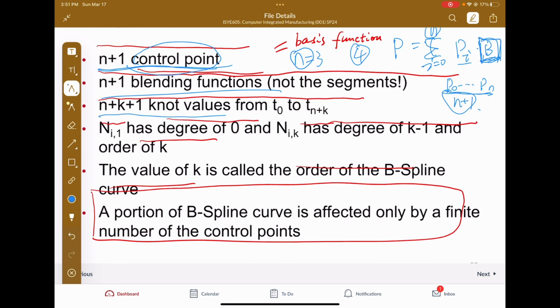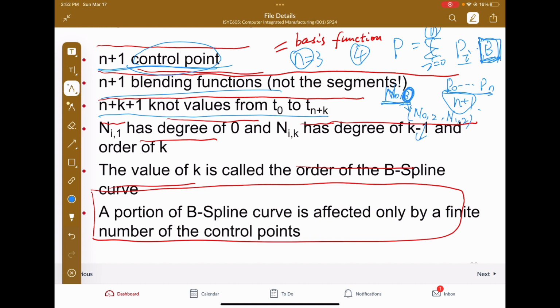And knot values. Because we need to make the high order values of N, no, not blending function, I'm sorry, the N values. You need to make the high order N values to be represented by the lower orders of N, right?